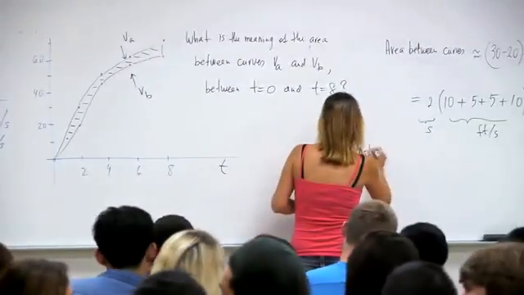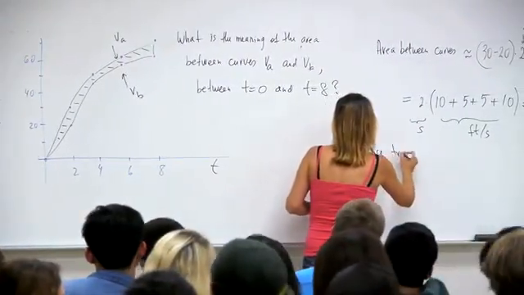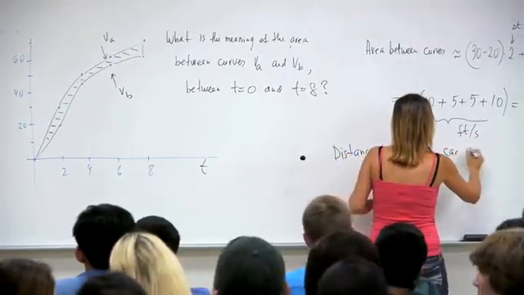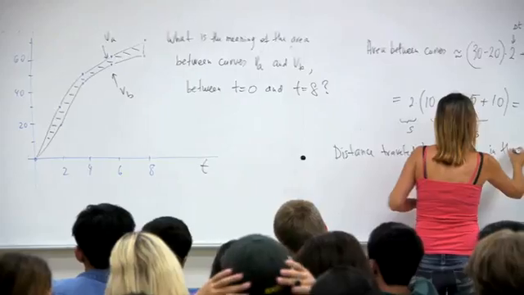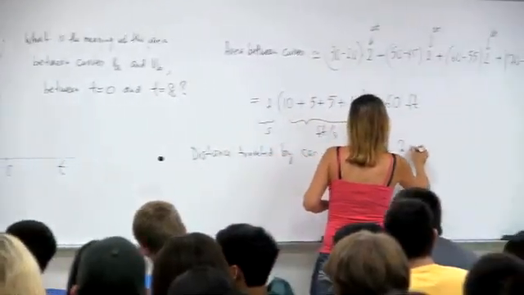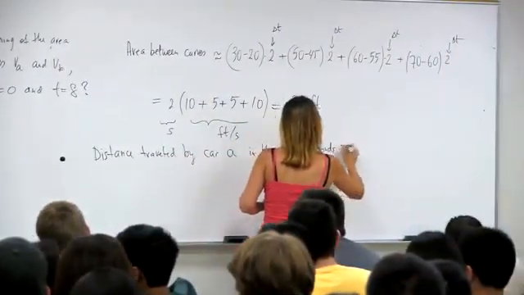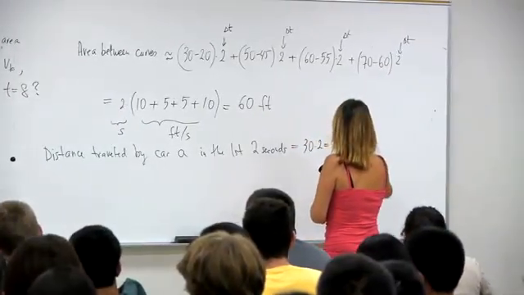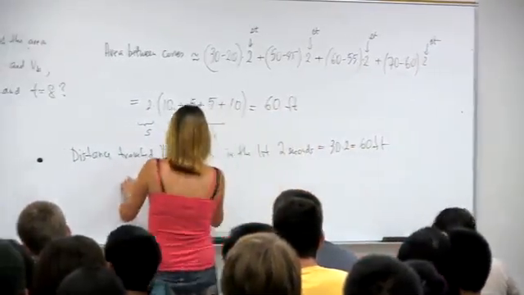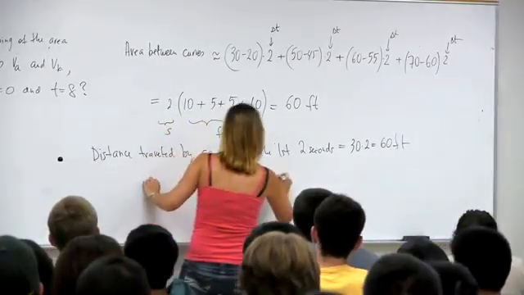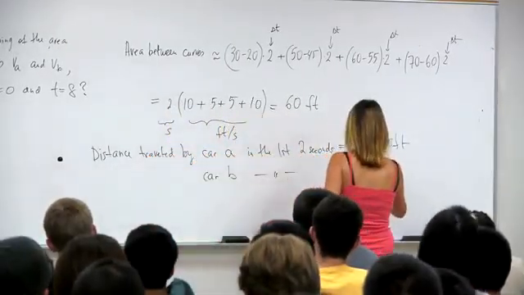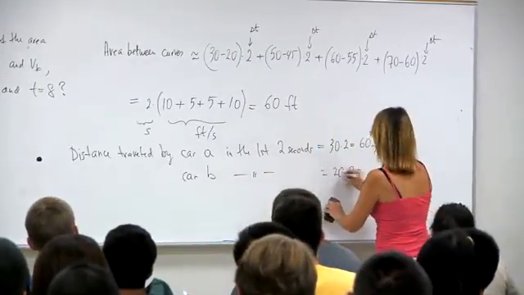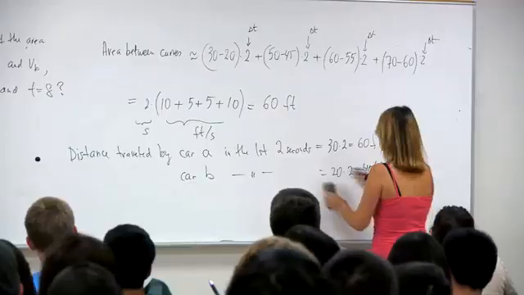So the distance traveled by car A in the first 2 seconds equals 30 times 2 is 60 feet. And car B here is 20 times 2 is 40 feet.